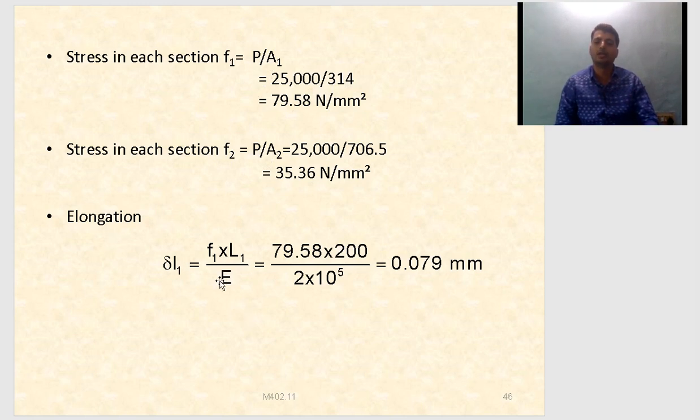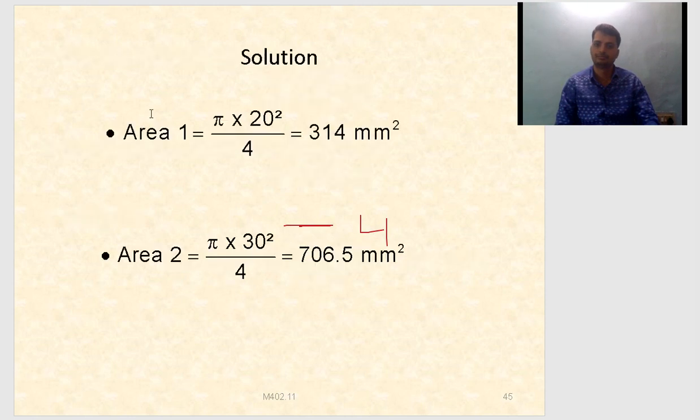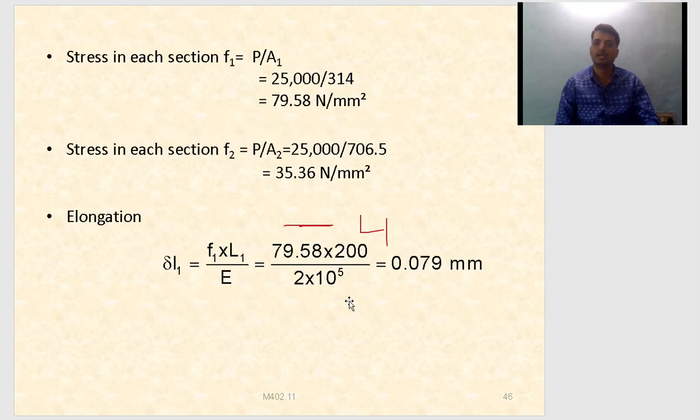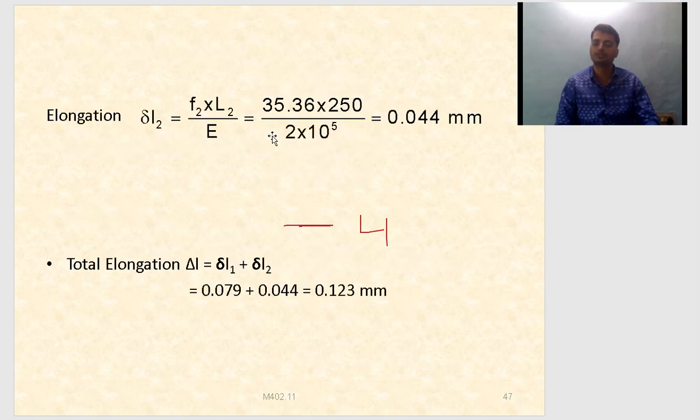What is elongation? Elongation is change in length, stress times length by E. We'll get the elongation for part 2 similarly. The combination of both elongations gives the overall elongation. This can be represented by composite rods.